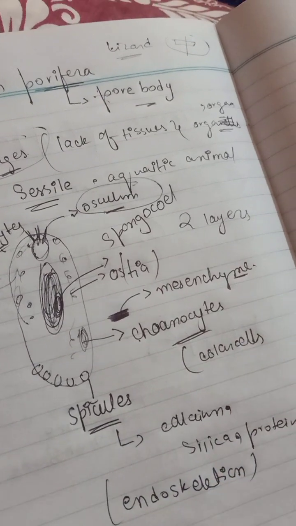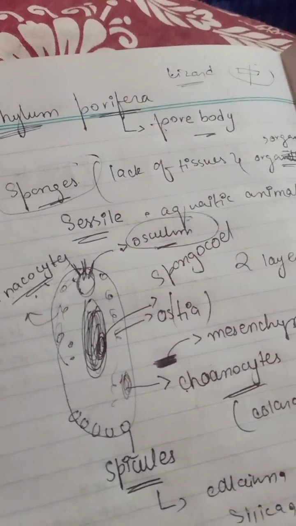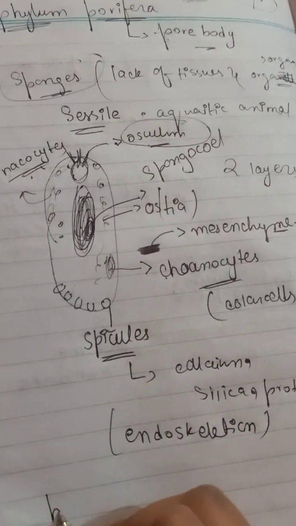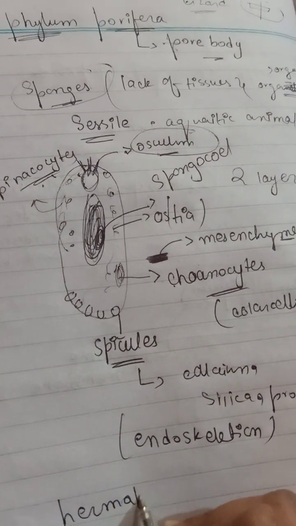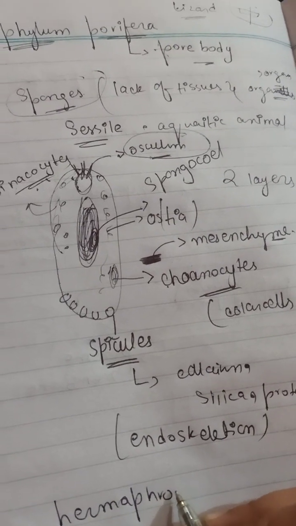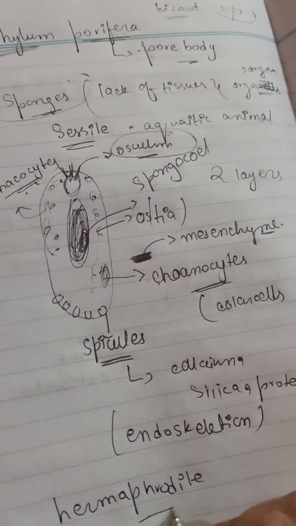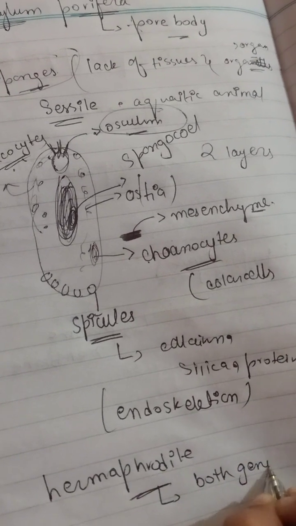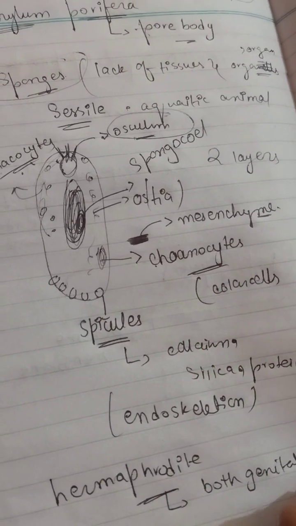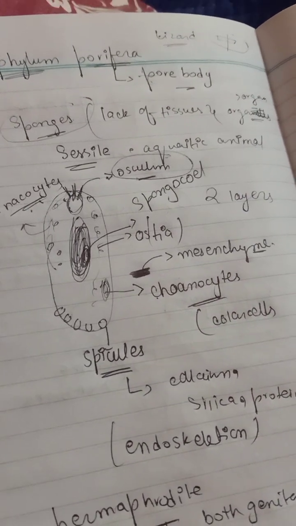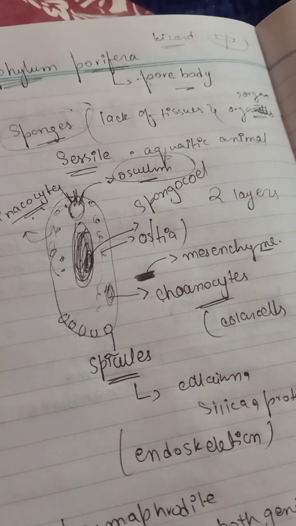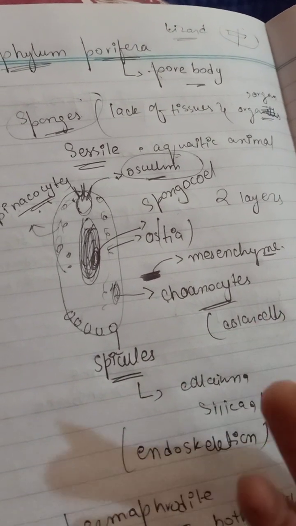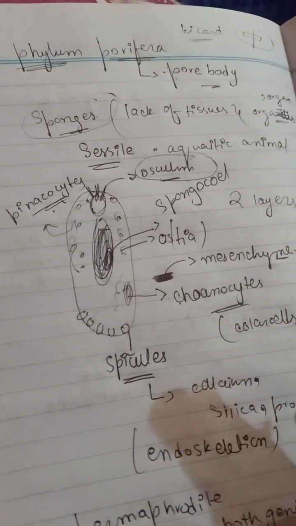Sponges are hermaphrodite. What does it mean? It means they have both sexes, both genital organs. In some sponges the sexes are separate too. Sponges reproduce asexually by fragmentation or budding.